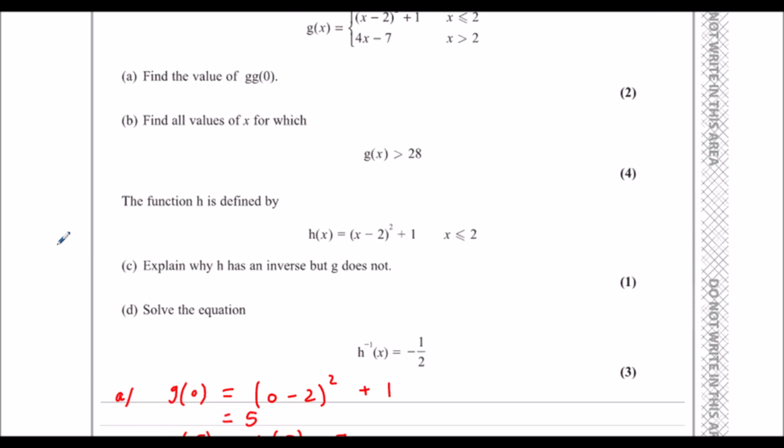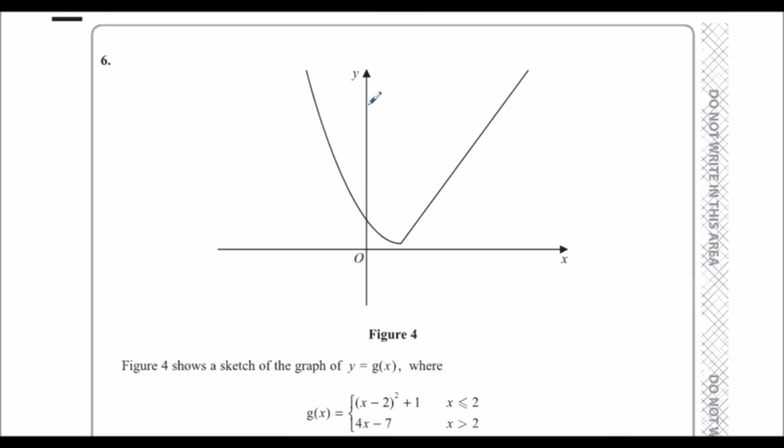Part B. Find all values of x for which g of x is bigger than 28. So let's say 28's up here somewhere. We're going to get one answer on our quadratic part of the graph and one answer over here for the linear part of the graph. So we're going to have to use both of these, and we want to know where they're bigger than 28.